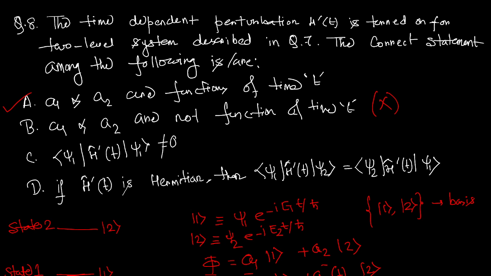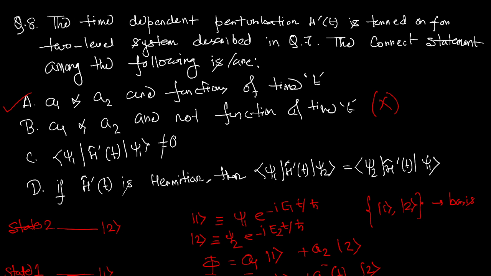Now what it says, psi1 ht psi1 is not equal to 0. Now if you think of a particle in state A given some perturbation in such a manner that the molecule is still at state 1, then you cannot distinguish whether its energy is affected by the Hamiltonian or not.